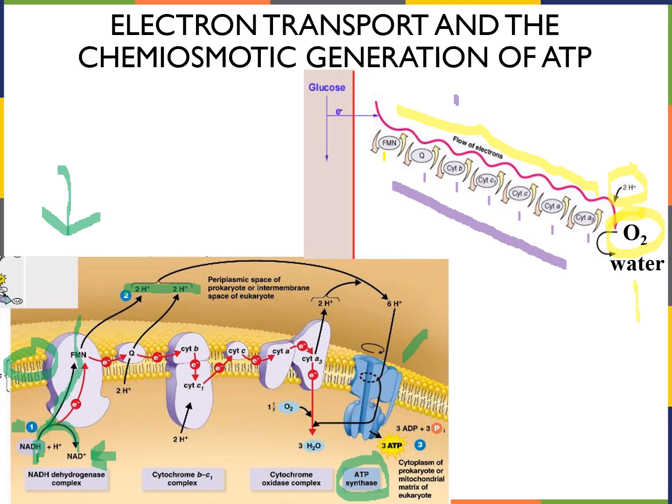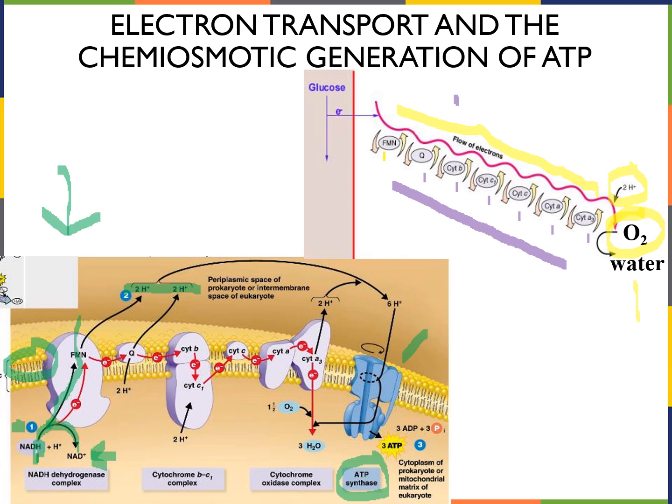The hydrogen that was lost off of NADH was pushed through FMN, because there are channel pores that go through FMN, to the other side of the plasma membrane.